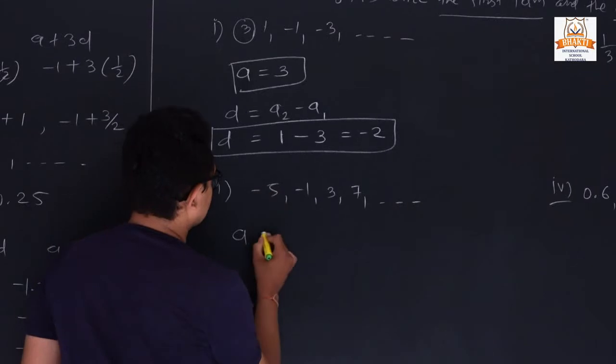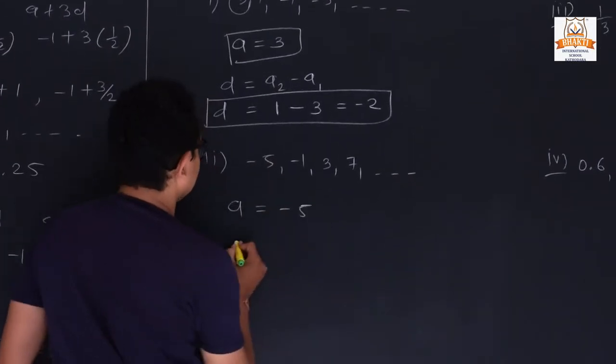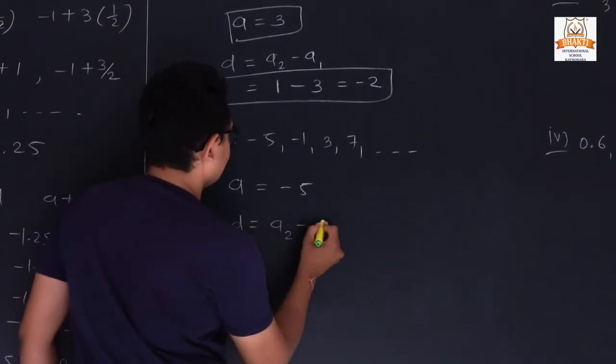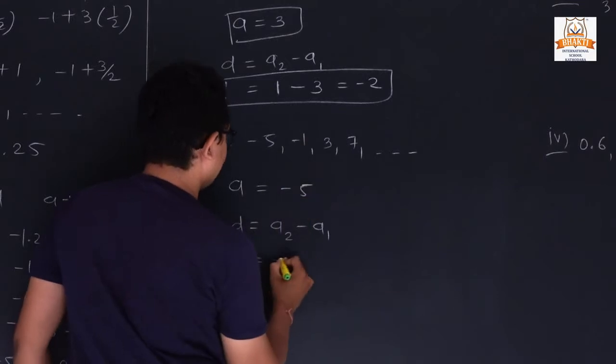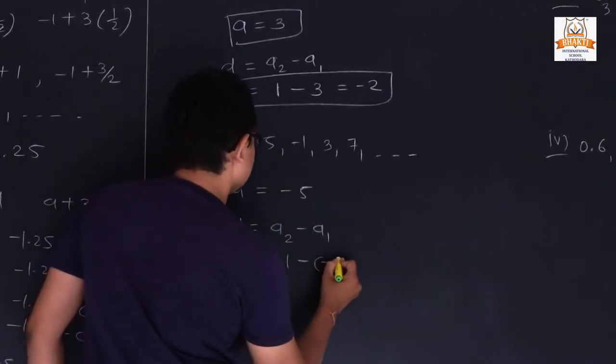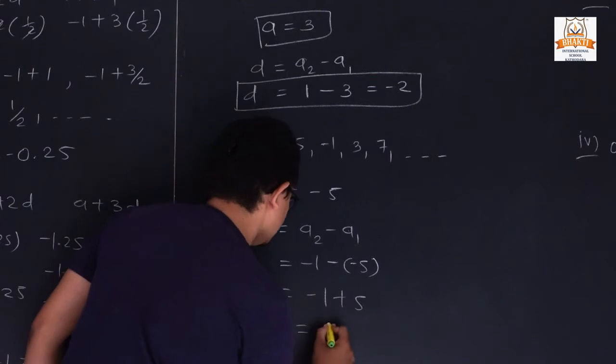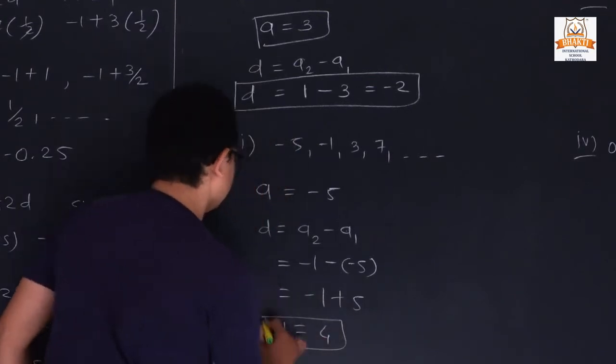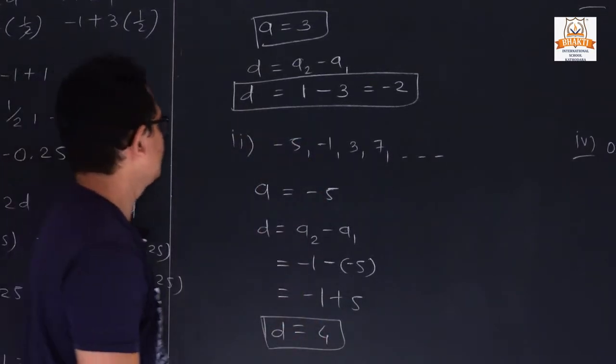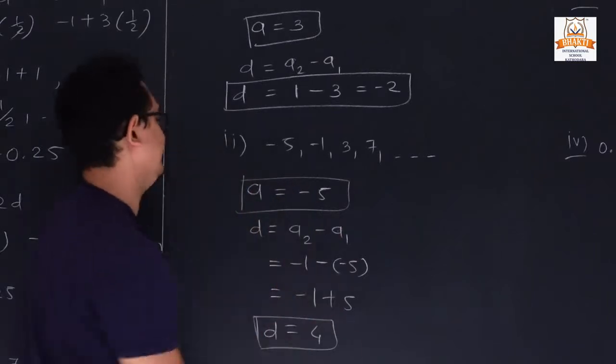Now the next one: the first term is minus 5, and for D, second term minus first term, so minus minus plus, 5 minus 1. So the difference is 4, and the first term is minus 5.